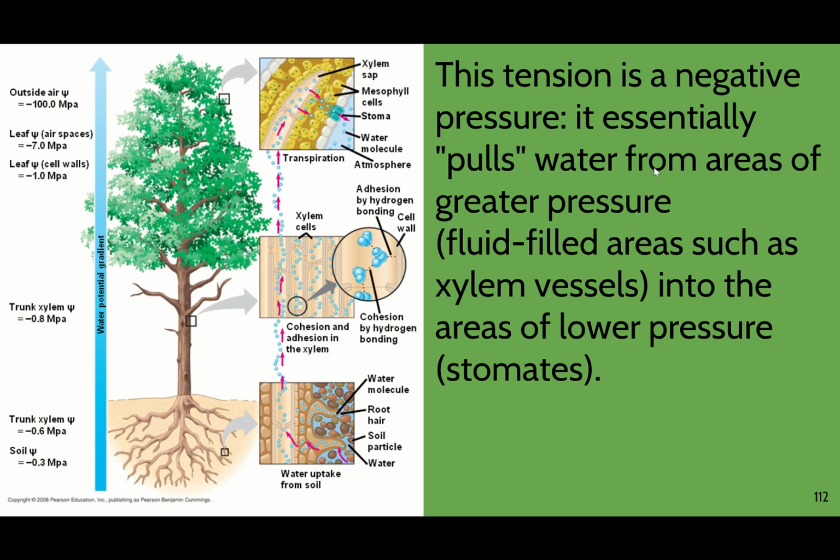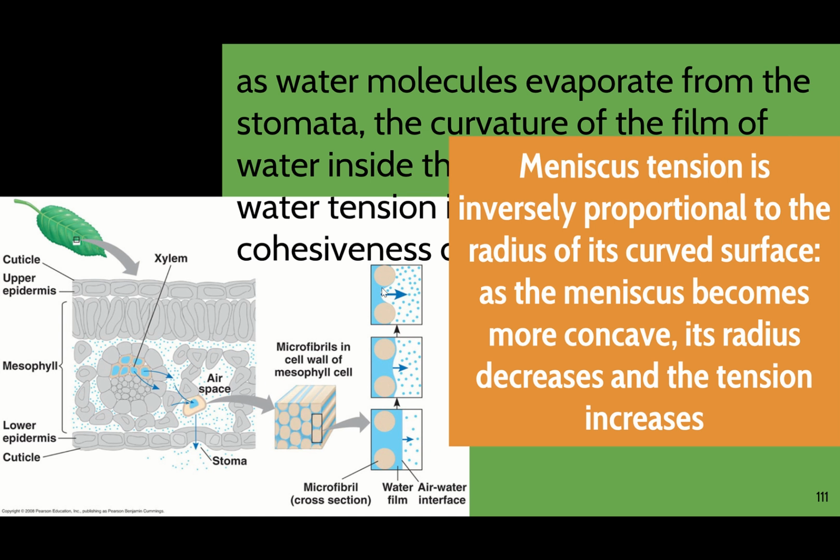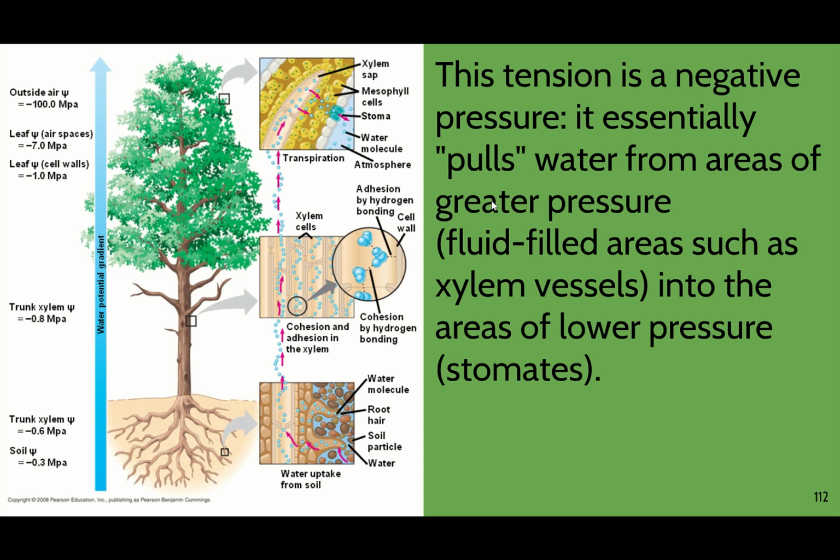All right, so the tension that we were just talking about, about the meniscus and the radius of the curved surface, the tension produced in that meniscus pulls water from the areas of greater pressure, the fluid-filled areas like the xylem, into the areas of lower pressure like the stomata.